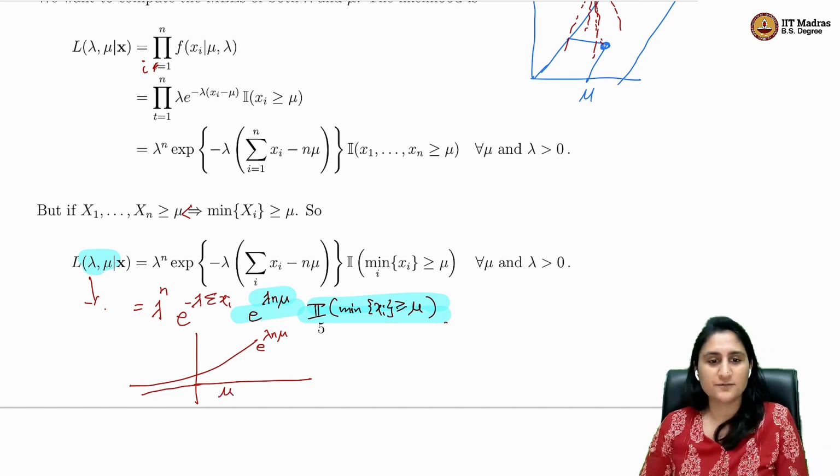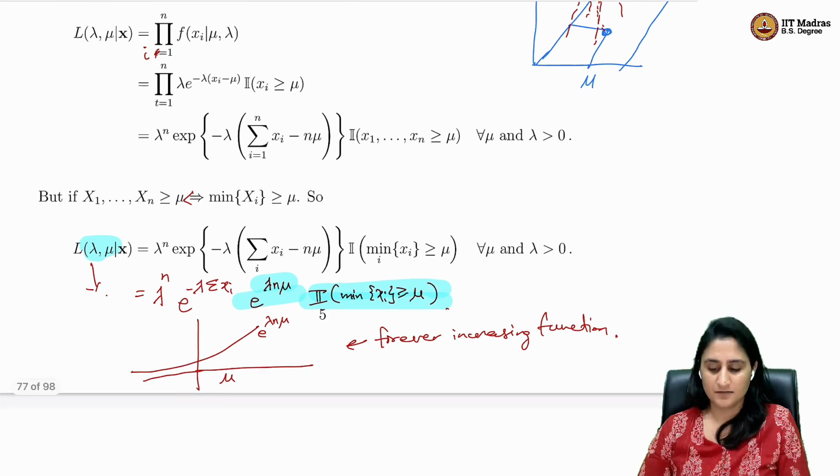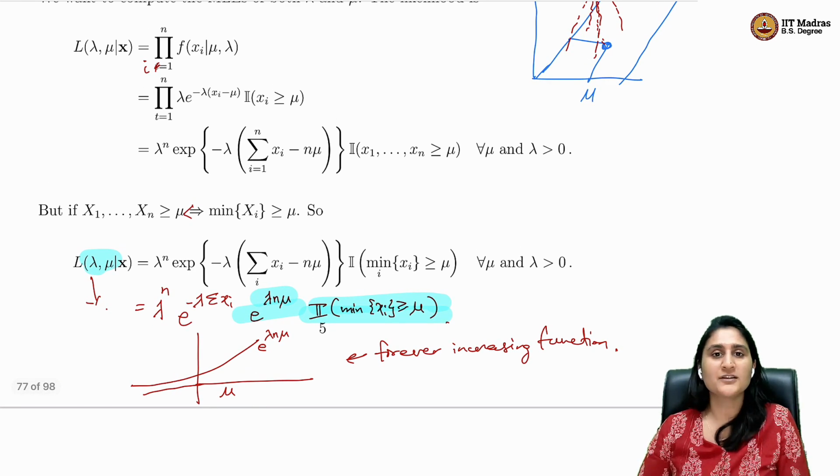So it's some exponential function, which means that it is a forever increasing function. Okay, right? It's a function that keeps on increasing.